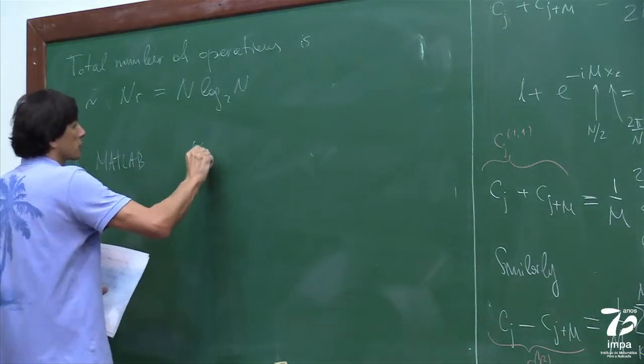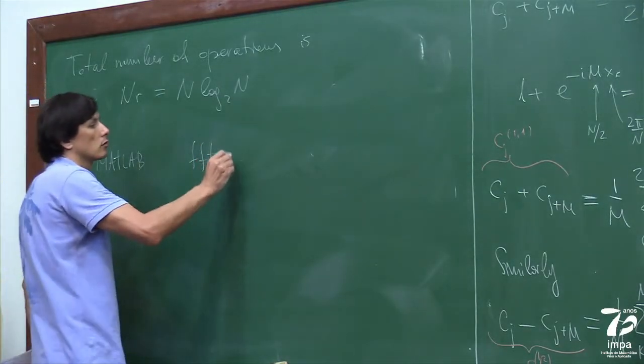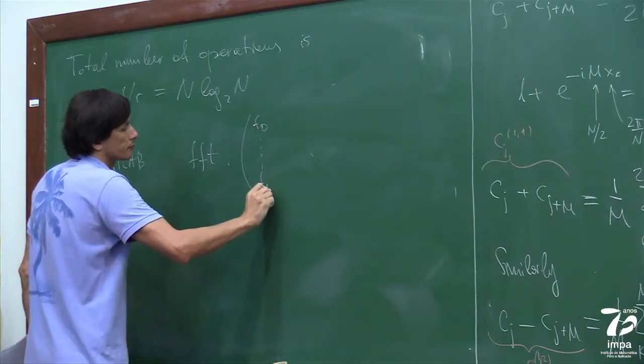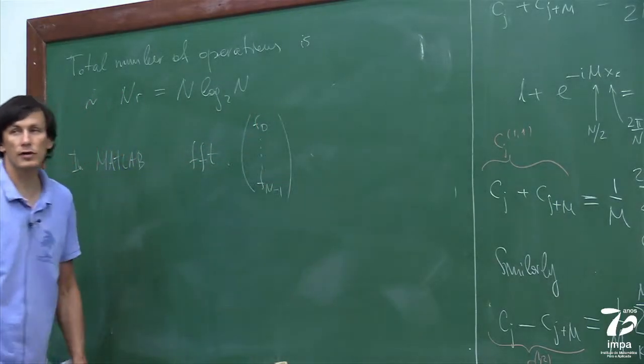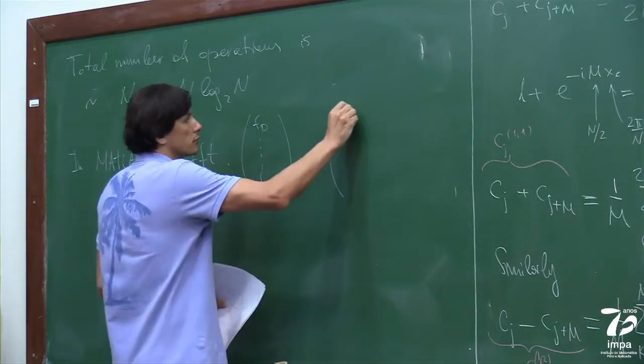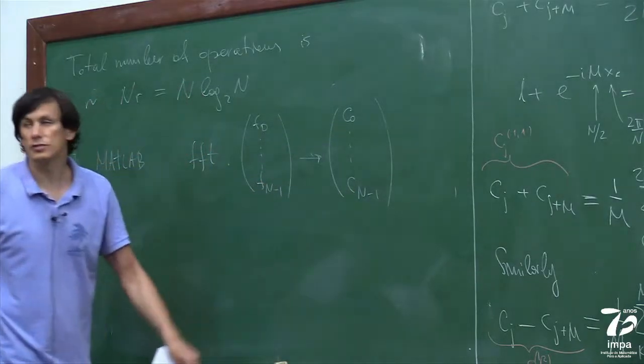In MATLAB, this is called FFT. So what FFT does is it receives a number of values of the function at endpoints and returns you the coefficients of the discrete Fourier transform.